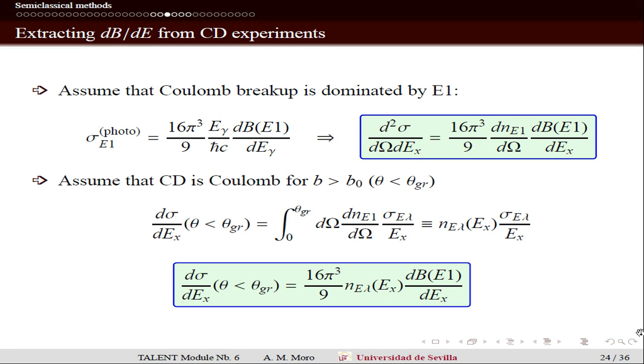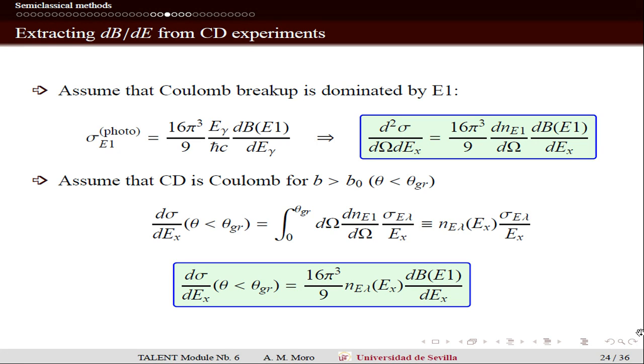But we will assume that we isolate some reaction, and within this reaction we concentrate on some kinematical conditions, maybe some angular range, for which all the approximations that we have been obtaining, and in particular this first-order approximation, are valid. So we try to search for kinematical conditions for which our expressions are appropriate.